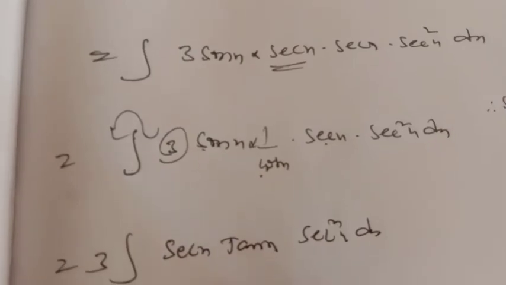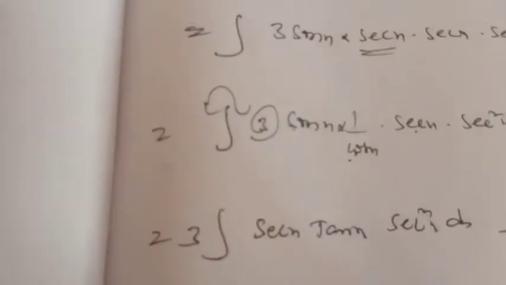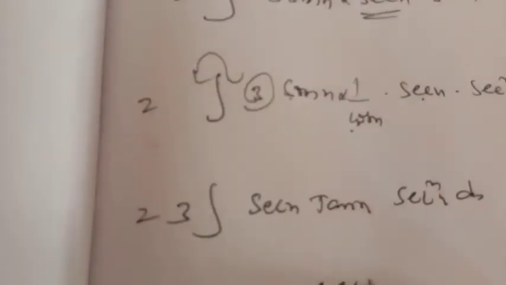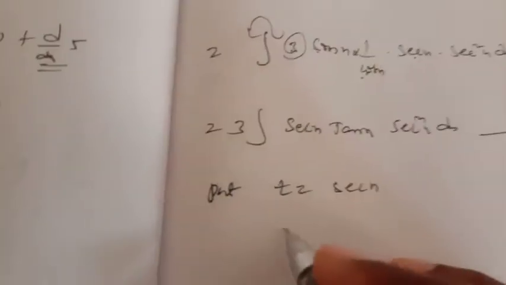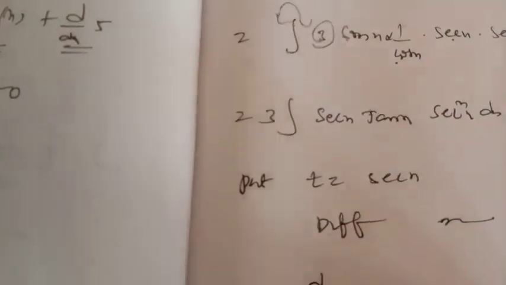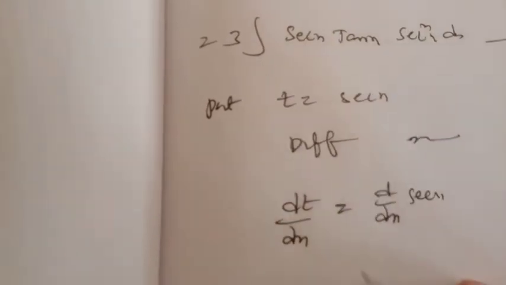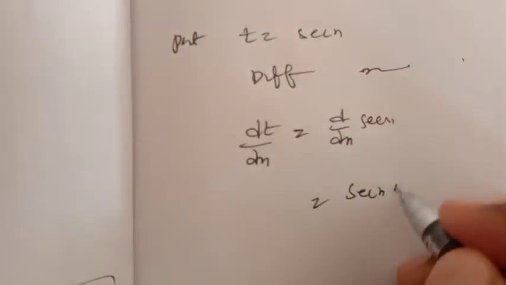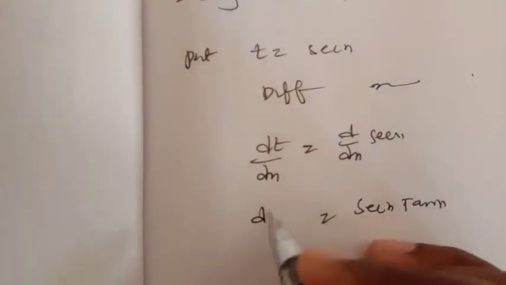Here take equation number 1, put t equal to sec x, then differentiating with respect to x on both sides, we get dt by dx equal to d by dx of sec x, that equal to sec x into tan x.